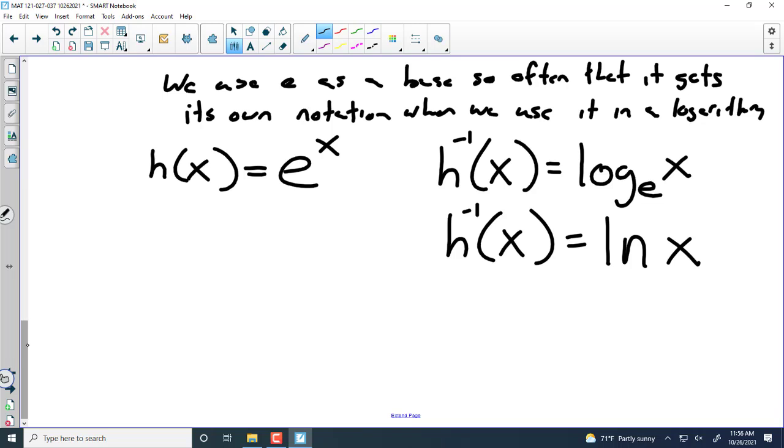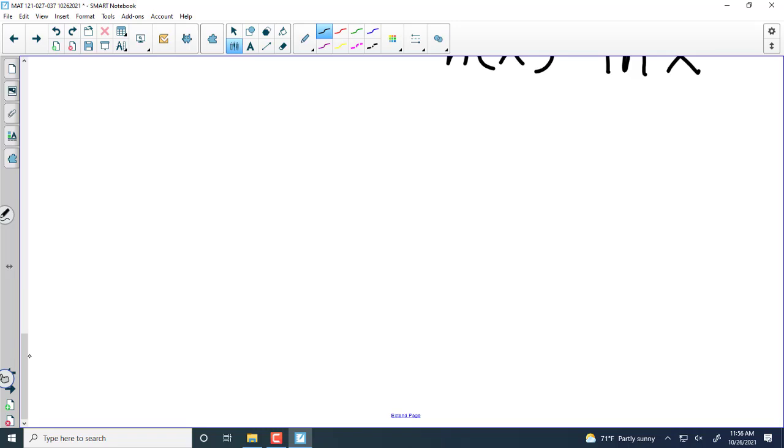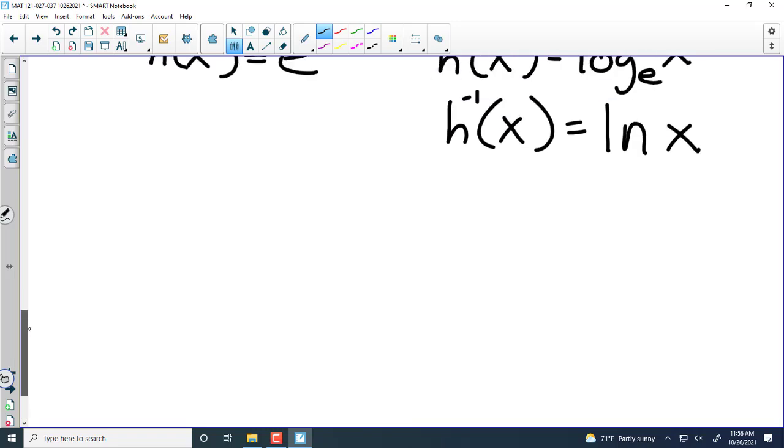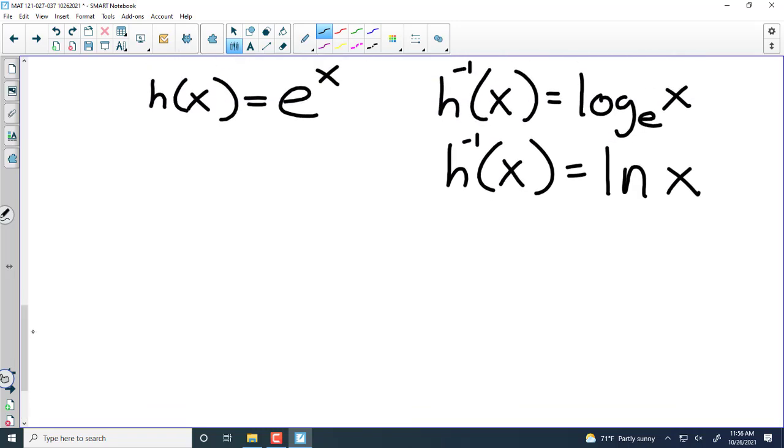E gets used so often as a base that it gets its own notation. If you see ln, that's still a logarithm. It means the exact same thing as this. It just means base e. It comes up so often in mathematics that it gets its own special way of writing it. So, if someone asks you, what is the ln of 14?